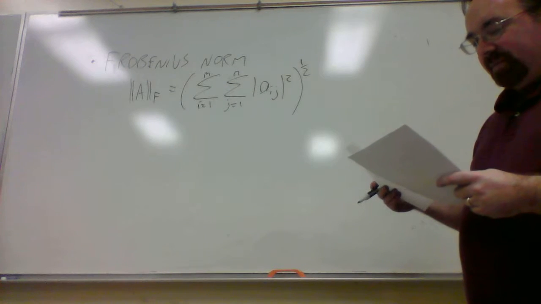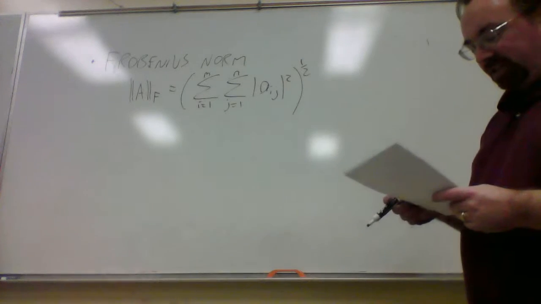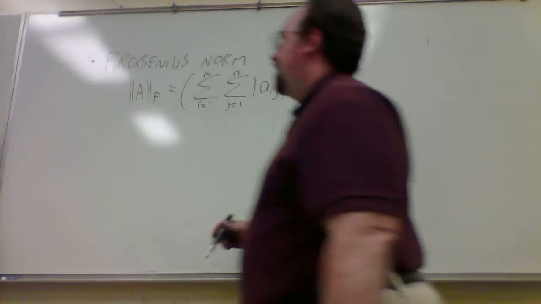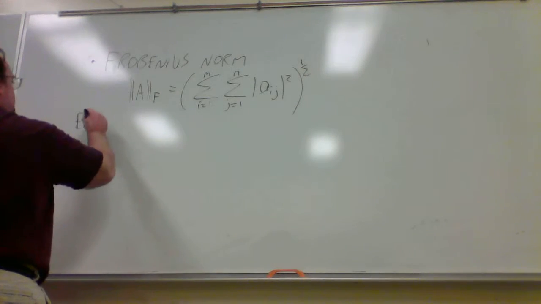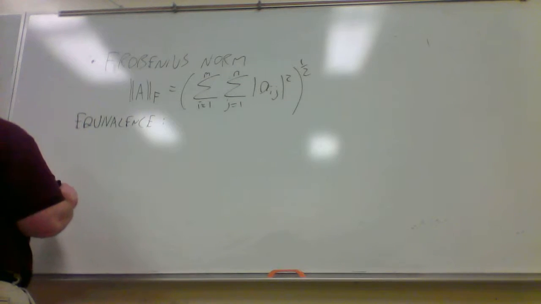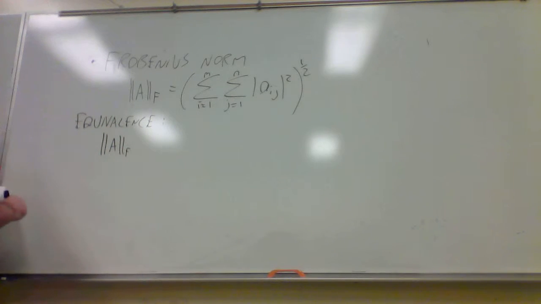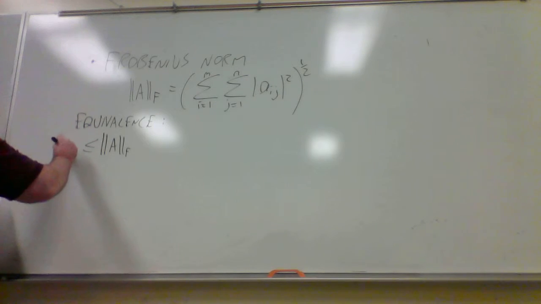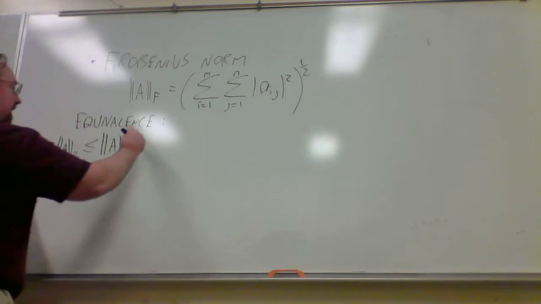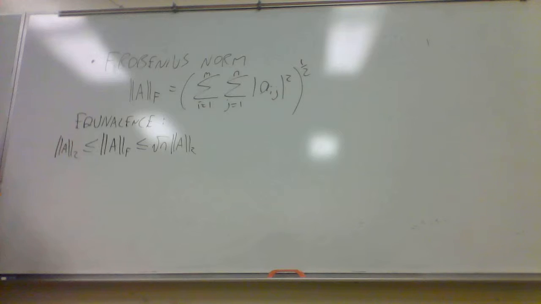It turns out that, like with vector norms, matrix norms are all equivalent. So I can write down a few equivalences here, just to illustrate. For instance, the Frobenius norm of A is greater than or equal to the 2 norm of A, but it's less than or equal to square root of n times the 2 norm of A. And a couple other equivalences involving the 2 norm.